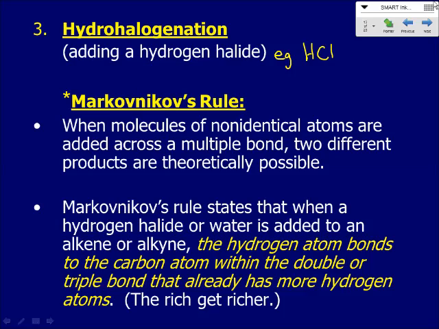Essentially, if your thing that you're adding has hydrogen and something else, the hydrogen will go on the carbon that has the most hydrogens. So another little saying, the rich get richer. The carbon with the most hydrogens gets the hydrogen.